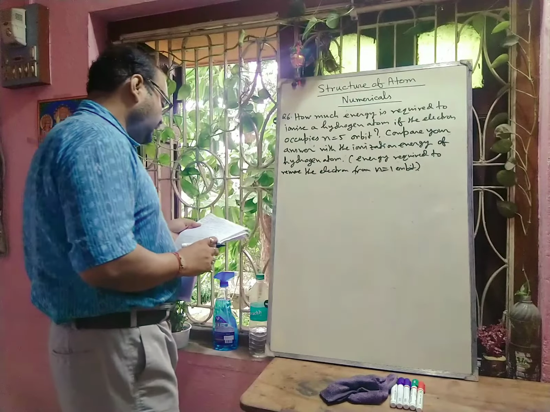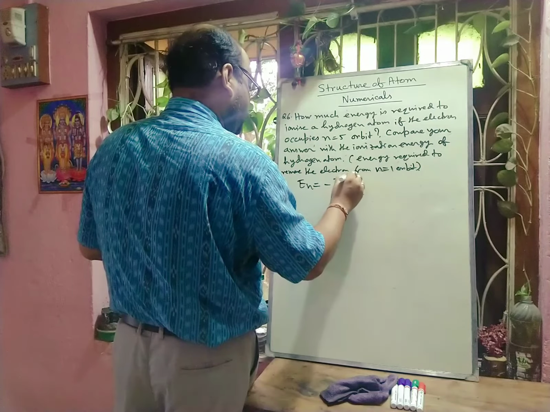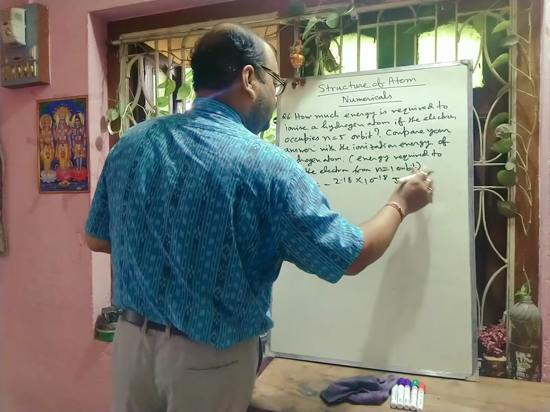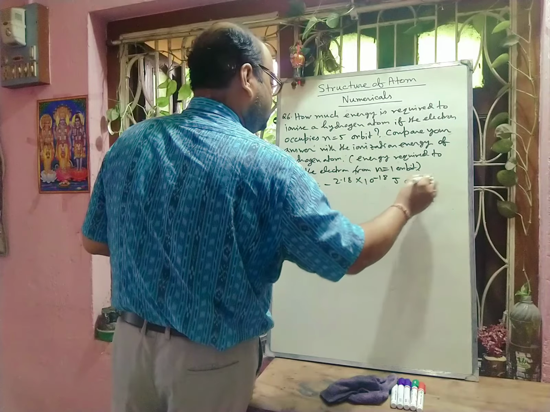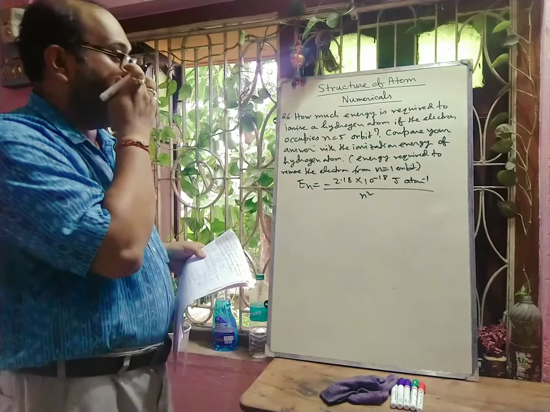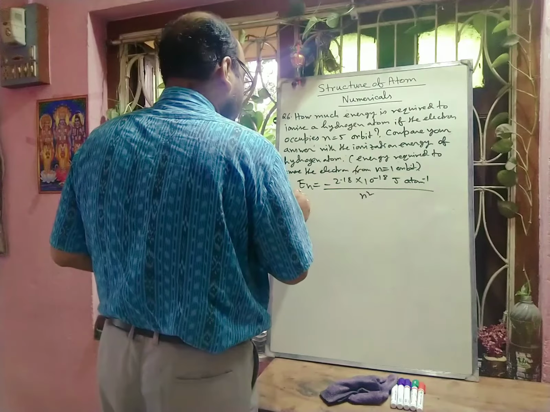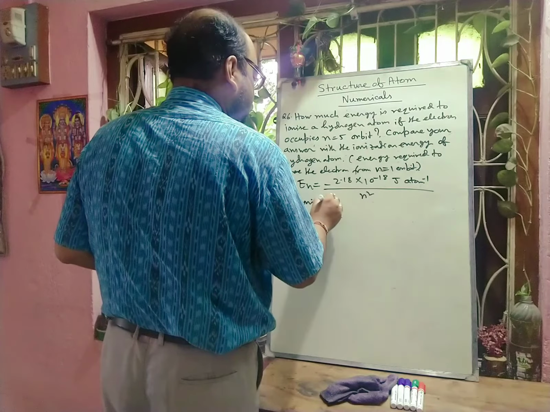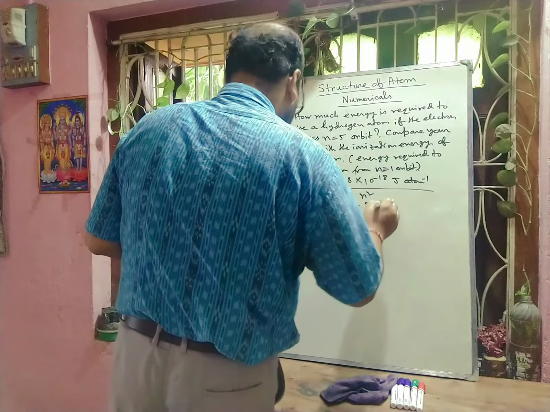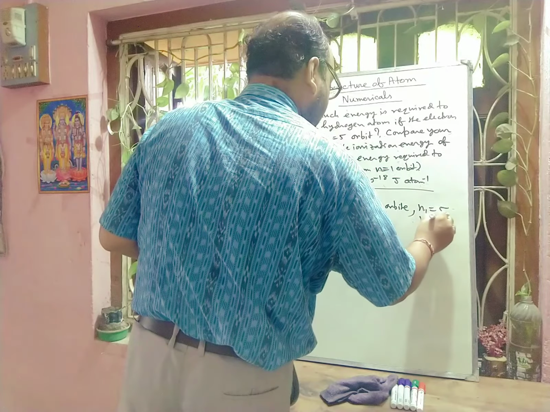And another equation is given that En is equal to minus 2.18 into 10 to the power minus 18 joule per atom, divided by n square. Now here it is given that n is equal to 5. So for ionization from fifth orbit, n1 is equal to 5 and n2 is equal to infinity.